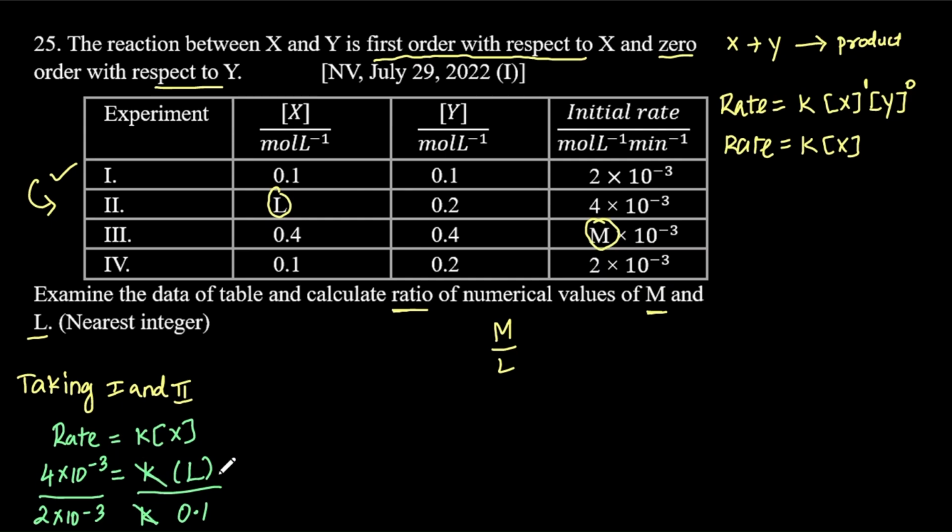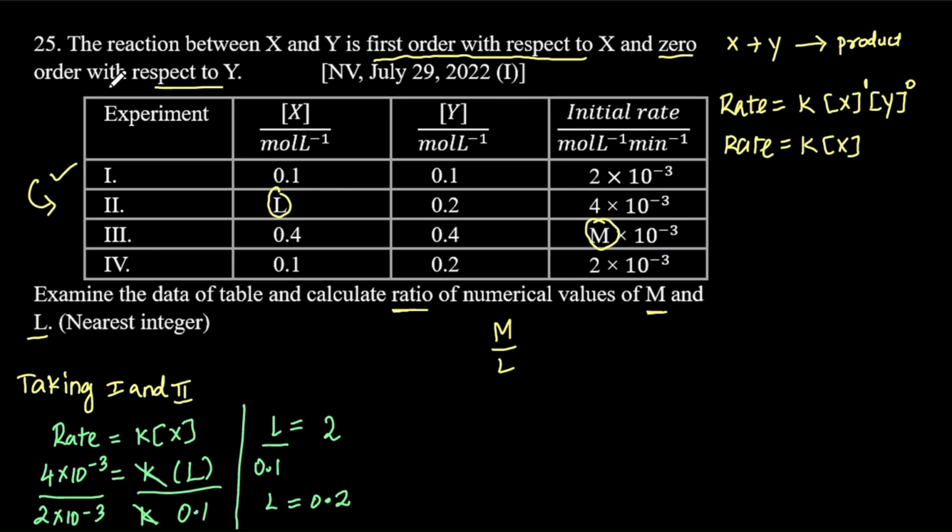So K will get cancelled. So you can find the value of L. So L divided by 0.1 is equal to 4 by 2, which is 2. So the value of L is 0.2. So the value of L we got as 0.2.